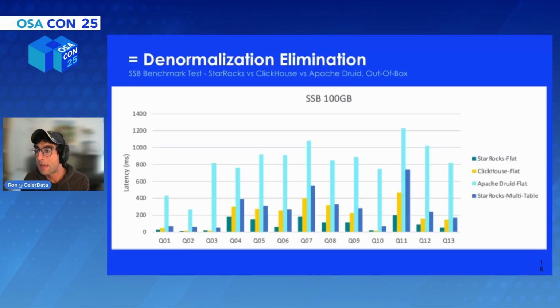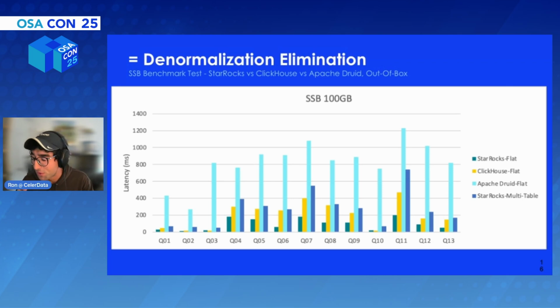To preface this, the Star Schema Benchmark has two variants, one that's usually multi-table or normalized, and a denormalized flat version that's traditionally used a lot by the ClickHouse community. And a lot of engines usually perform better on the flat version because there's a lack of joins.